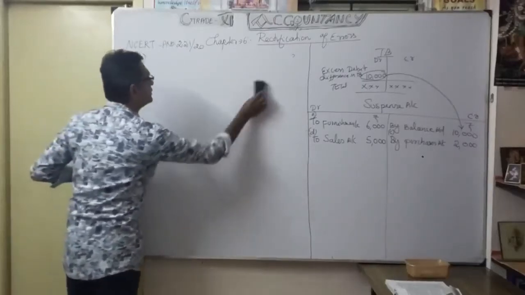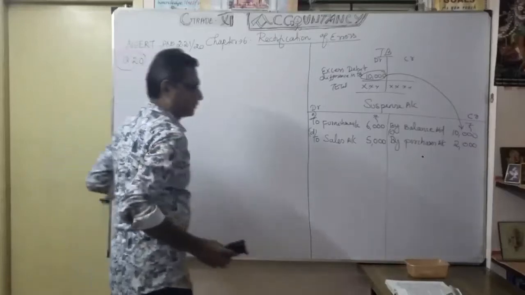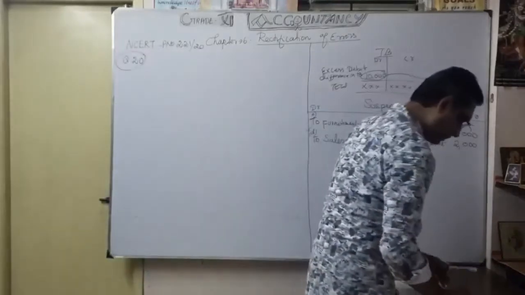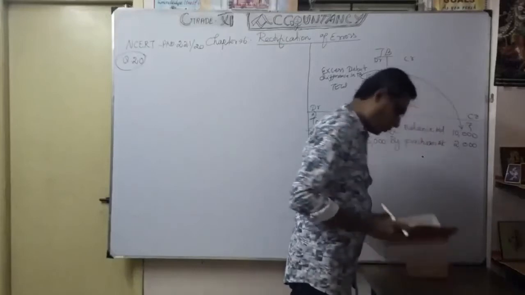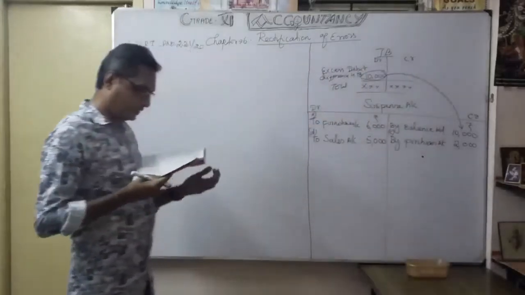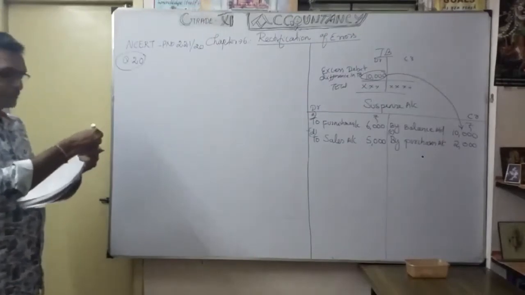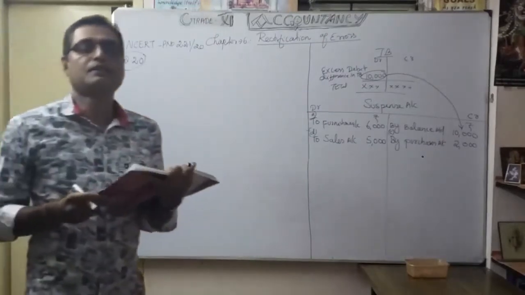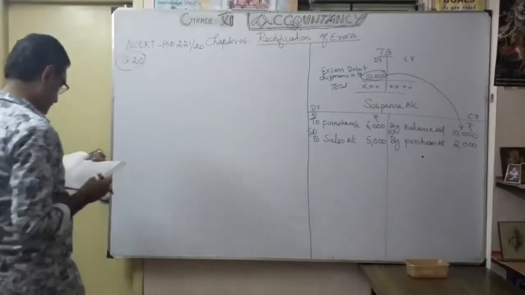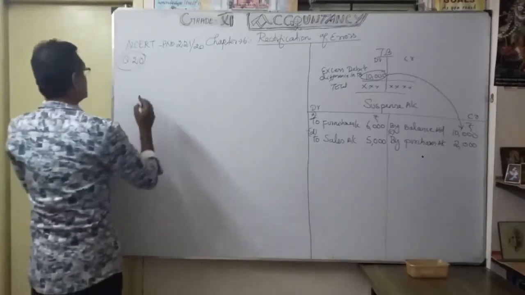Okay, so now what is the next one? I'll write it first. So next, what they have given? Old machinery sold for 7,000 was credited to sales account. So now you can understand very clearly what type of error. Okay, just you see. What is the next one?